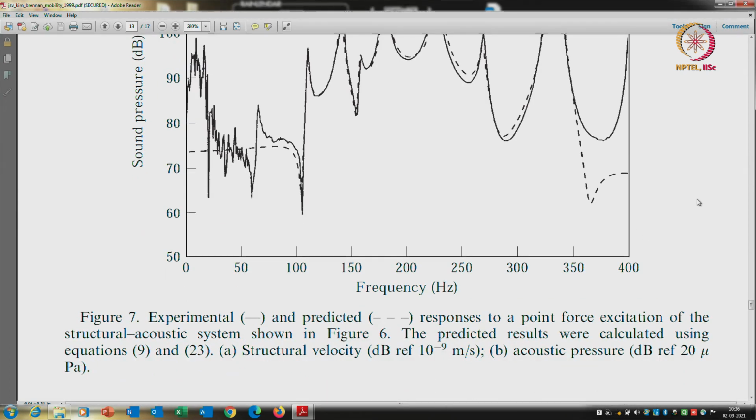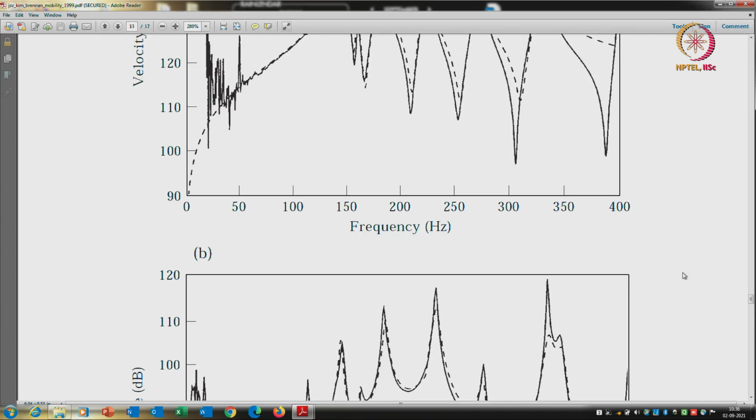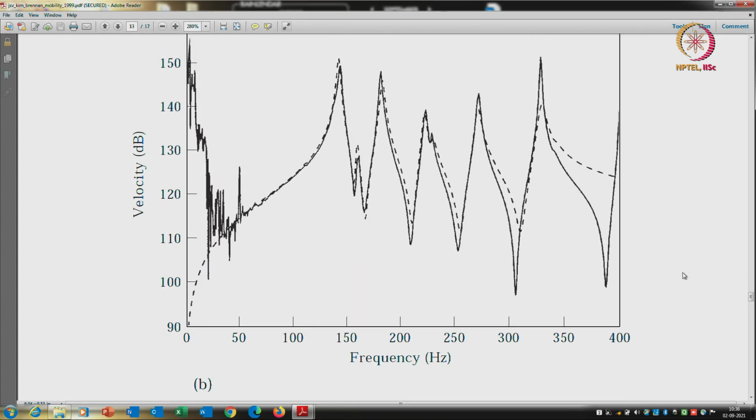So this is for point force excitation. Okay, there is a location where a point force is given, and these are the values, and you can more or less see that these peaks come where you have panel resonance or acoustic resonance.